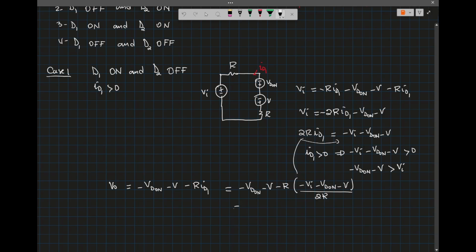So the R cancels out, and now I have negative VD on minus V plus VI over 2 plus VD on over 2 plus V over 2.